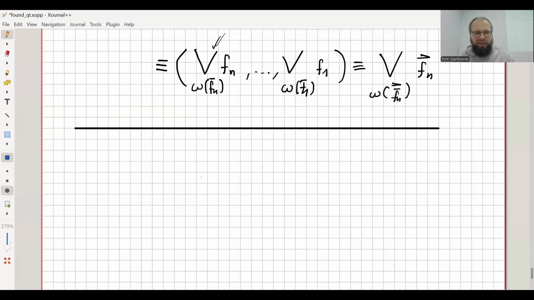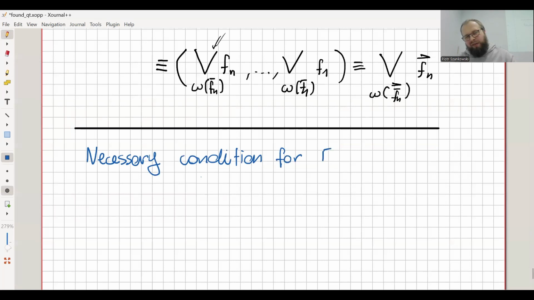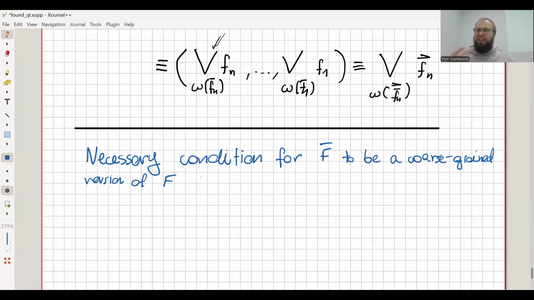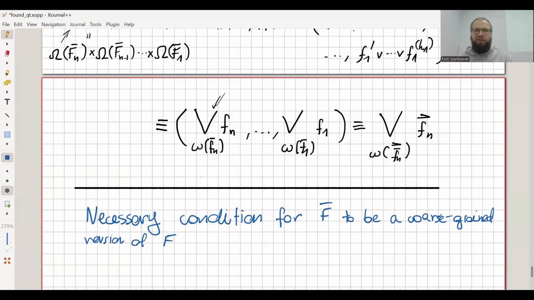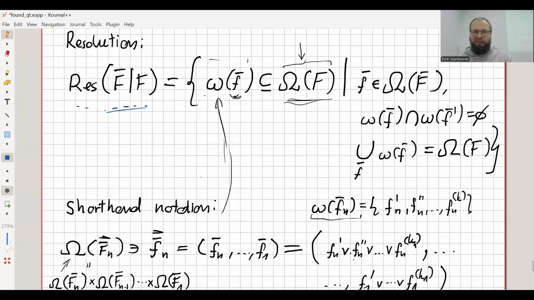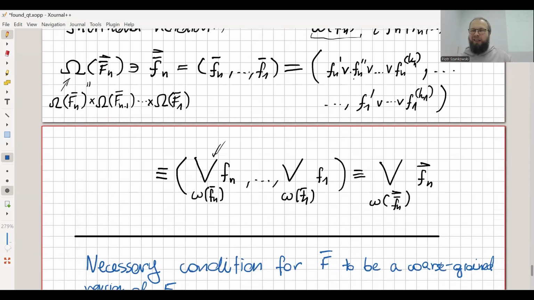I will call it a necessary condition for F bar to be a coarse-grained version of F. It's a coarse-grained version in the sense that you can attribute to F bar this kind of resolution, okay? If you can attribute this, then that's the first step of having something that realizes our idea of a coarse-grained measurement.